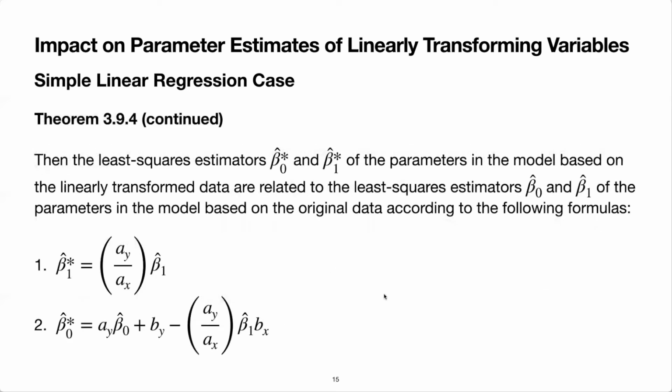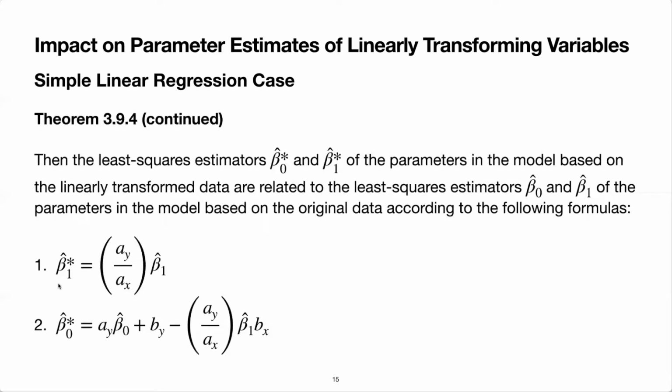And then the least squares estimators, beta 0 star hat and beta 1 star hat, of the parameters in the new model, which is based on the linearly transformed data, are related to the least squares estimators beta 0 hat and beta 1 hat of the parameters in the model based on the original data, according to the following formulas.